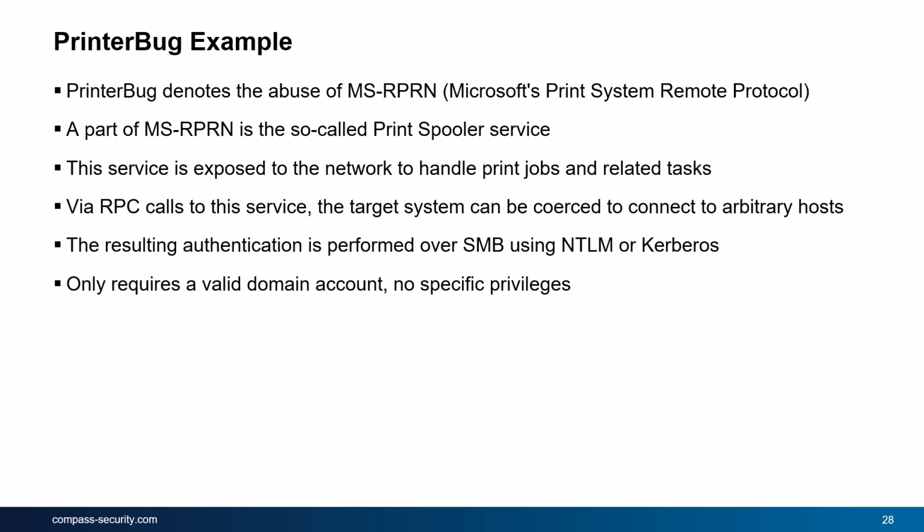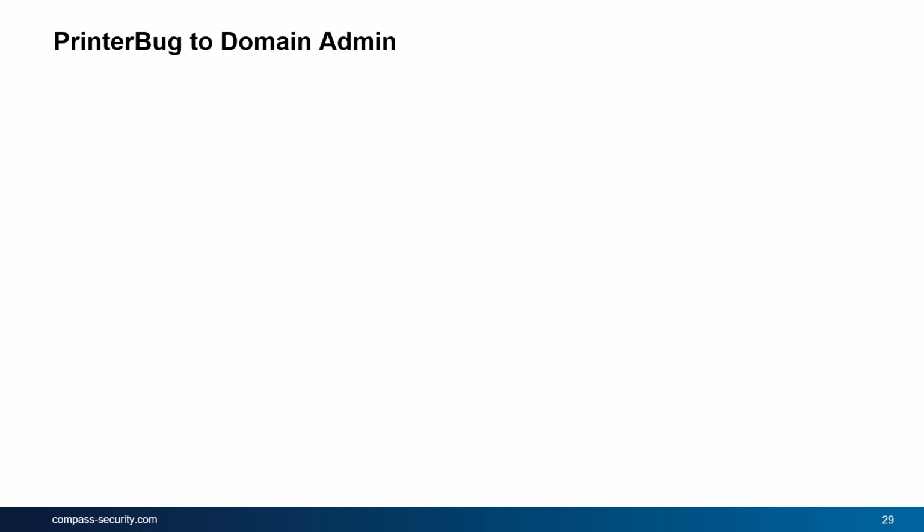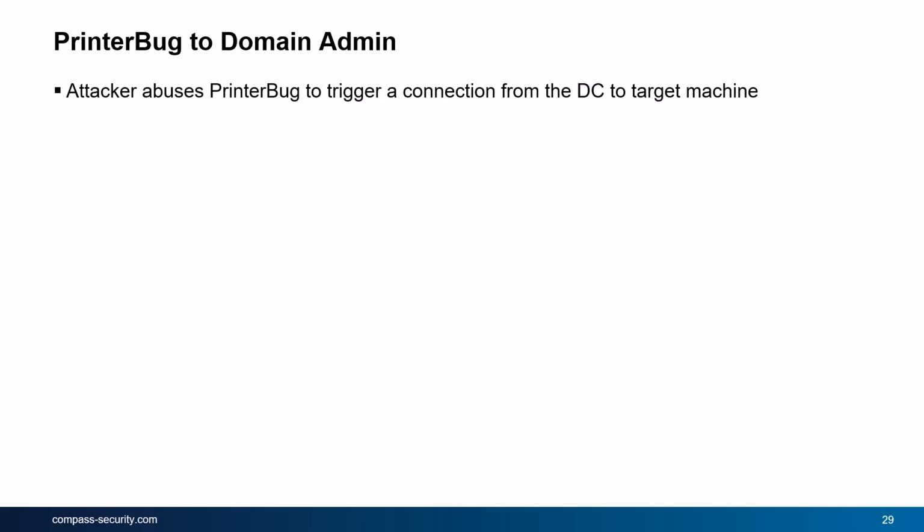What you require to do this as an attacker is simply a valid domain account, so no specific privileges required, and of course network connectivity to the systems involved. Now, this specifically has been shown quite a few times, that the PrinterBug in combination with unconstrained delegation can be used to quite easily gain domain admin privileges. And this is an attack I would now like to quickly demonstrate to you.